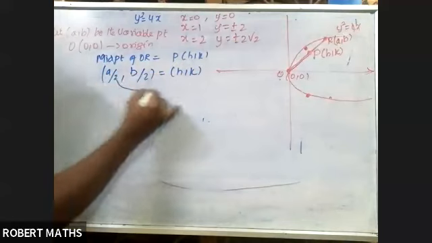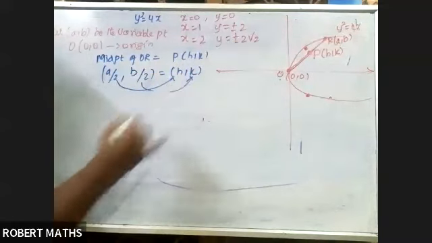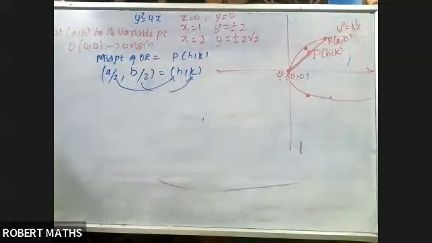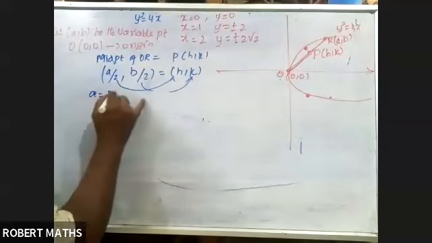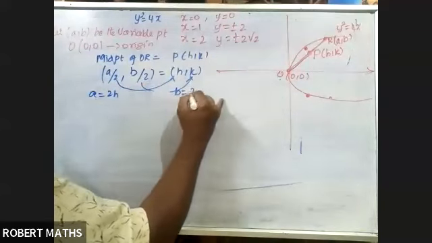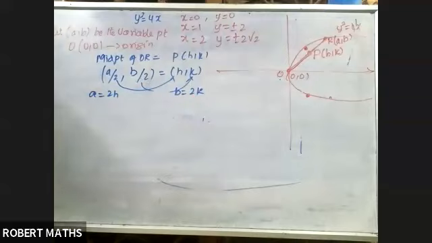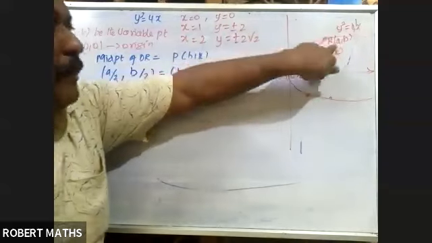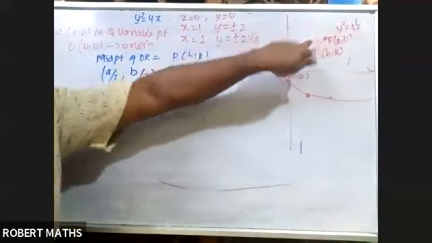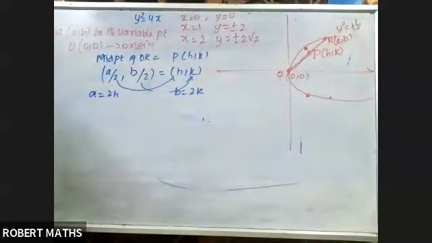Now you can compare. This is the x coordinate, this is the y coordinate. If I compare this, I get a equals 2h and b equals 2k. This point a comma b lies on y squared equals 4x.